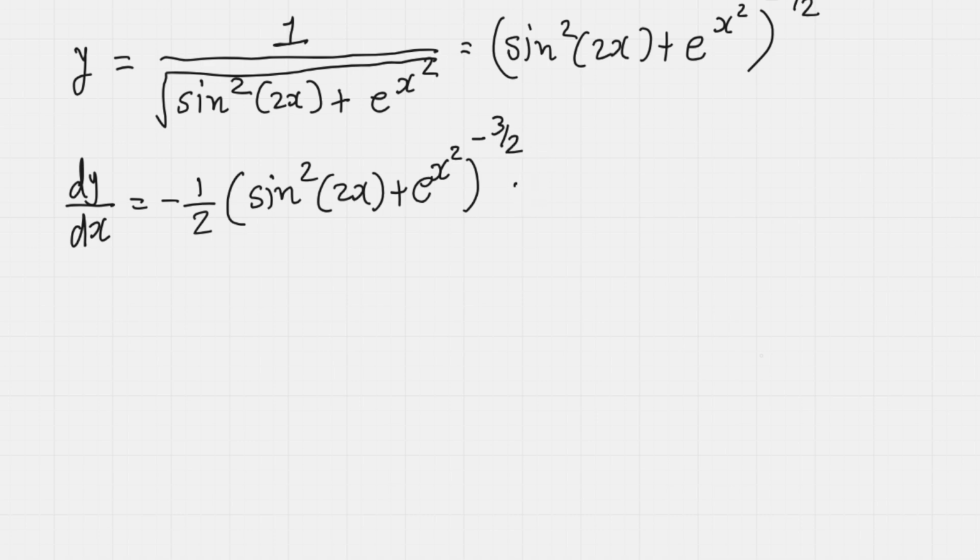And in the multiplication we will write the derivative of this inner function. So first is sin² 2x. So sine square is the outer function.